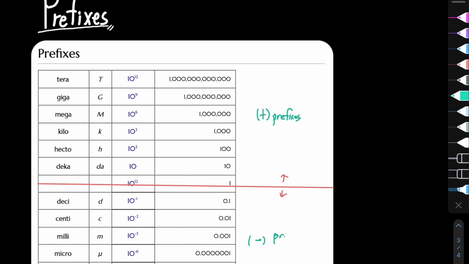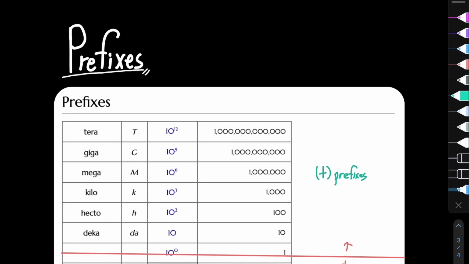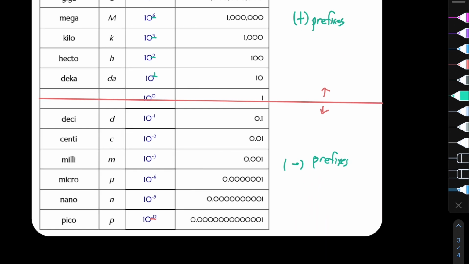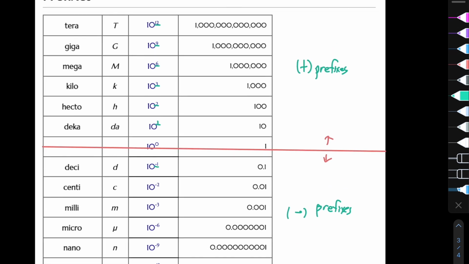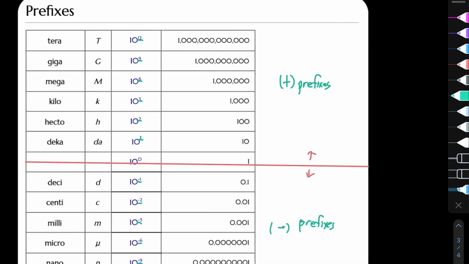And it might be self-explanatory, but it is due to the reason that the first 6, if we look at their values, they have a positive integer to the power of 10, such as 12, 9, 6, 3, 2, and 1. And the bottom 6 have negative integers, such as -1, -2, -3, -6, -9, and -12. So we can split it up into 2 main categories of prefixes.